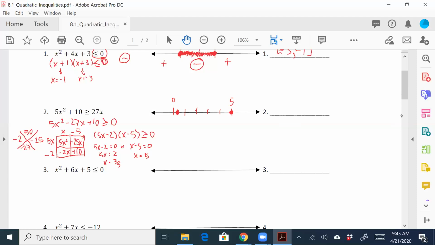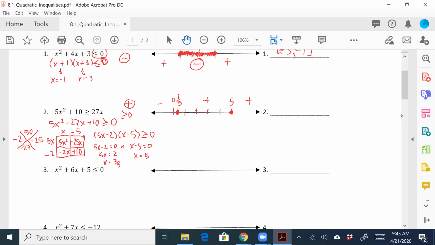And I'm putting closed dots again because this is greater than or equal to. But greater than or equal to 0 would be positive. And so we make our sign array again at 2/5, to the left would be negative, to the right, positive.